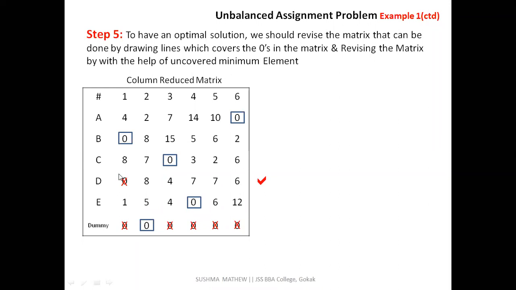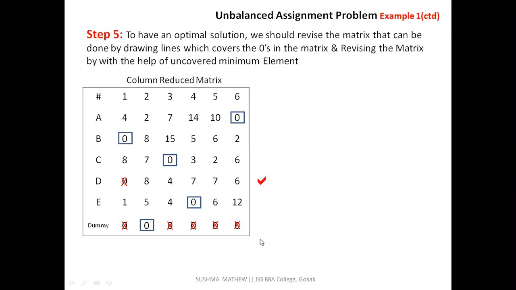Sumant, can you answer me? Unmute for a while and answer me. Is there a zero in that particular row? Including the cross-marked one. Assume that there is no cross-mark on that. There is a zero, no? 0, 8, 4, 7, 7.